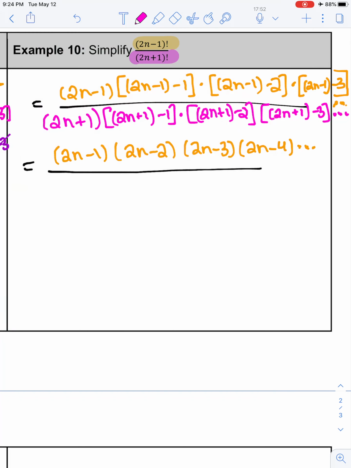Then in the denominator, I have 2n plus 1 times 2n plus 1 minus 1, but I can just call that 2n. And then I have 2n plus 1, but then minus 2, so that will become 2n minus 1. And then the 2n plus 1 minus 3 becomes 2n minus 2. And that will also continue.